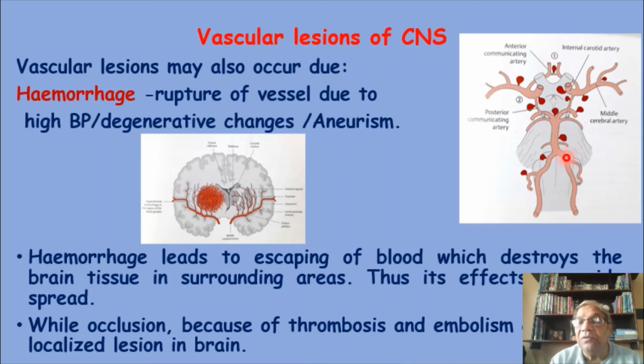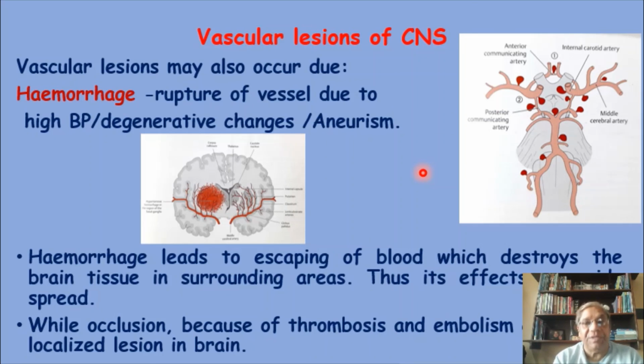because it is thin walled. It is not as thick as the cerebral blood vessels, and when it ruptures, the blood will come out and start accumulating in the neighboring areas of the brain where the rupture has taken place. This condition is called hemorrhage.